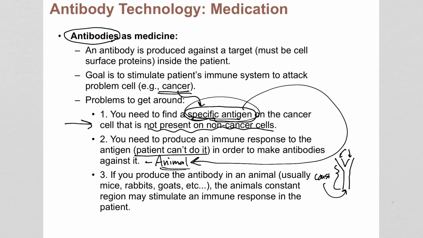And so the third part of this is we're going to have to somehow modify the constant region of that antibody to make it look human. We call that humanizing the antibody. And so what we're effectively doing is making this Frankenstein antibody that's half animal, half human. Right? The variable regions that bind the antigen will be from the animal, and the constant region that the immune system recognizes will be the human sequence to make sure the patient recognizes it as being, right, a normal antibody that it needs to use and recognize.